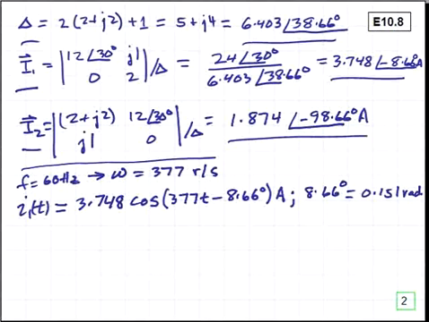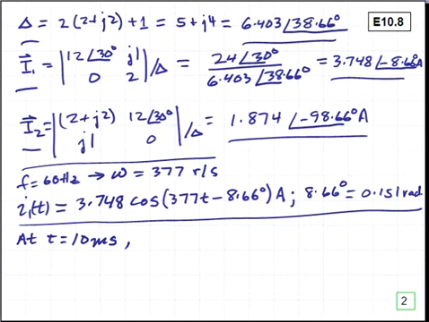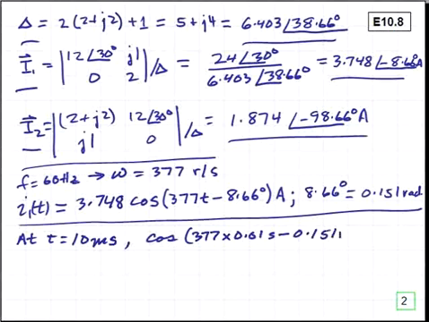Now we can begin to evaluate the current at the particular time of interest, that is t equals 10 milliseconds. At t equals 10 milliseconds, cosine of 377 radians per second times 0.01 seconds minus that phase shift 0.151 radians is equal to minus 0.888 for the cosine part of the time function.